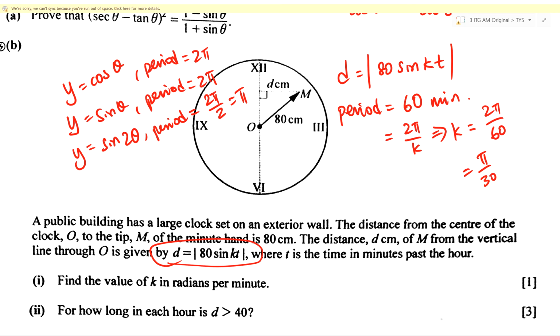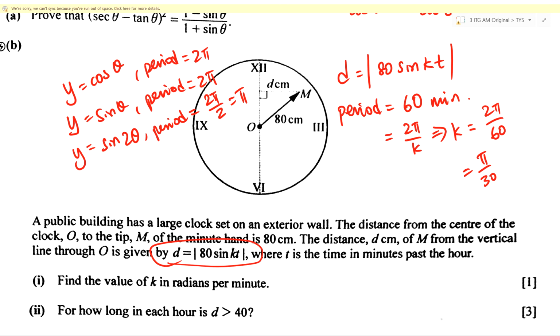Okay, take some time to digest this first. How we are obtaining two different expressions for the period. First, common sense, 1 hour, 60 minutes. It takes 60 minutes to complete one cycle. Therefore, period equals 60 minutes.